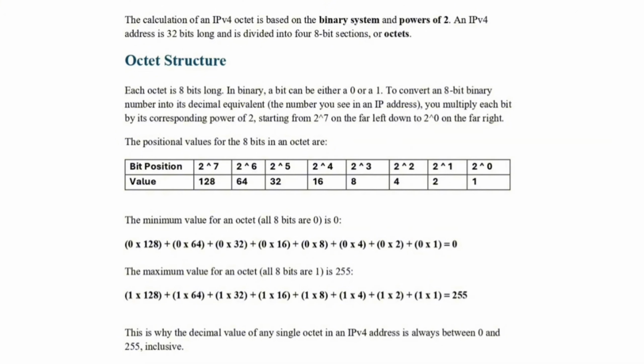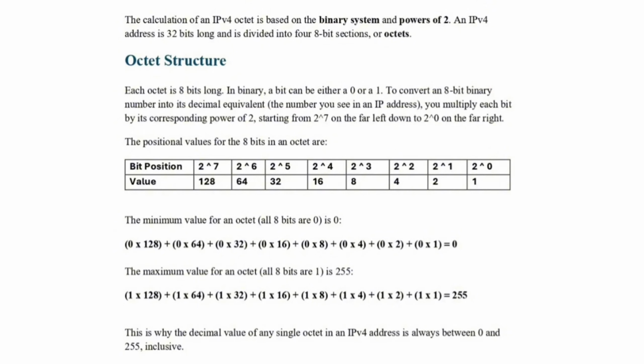The positional values for the 8 bits in an octet are as follows. You must understand the octet structure: as I mentioned, it's 8 bits, and as it says octet, it is 8. So the values of that octet are from 2 power 0 to 2 power 7, which makes 8 values.